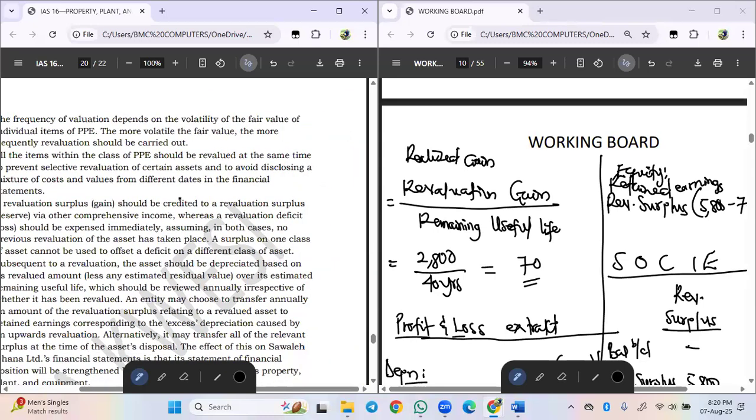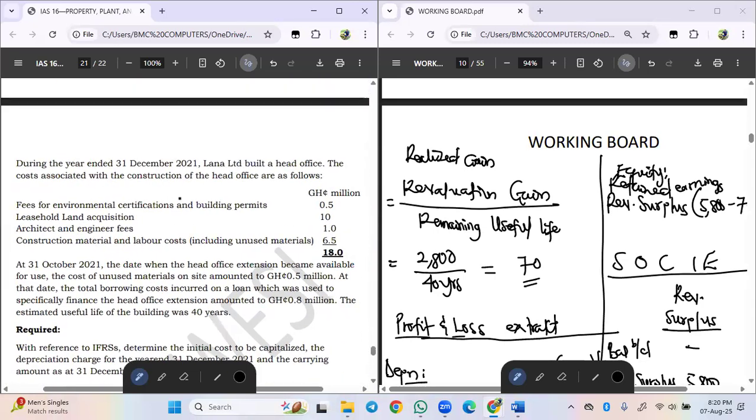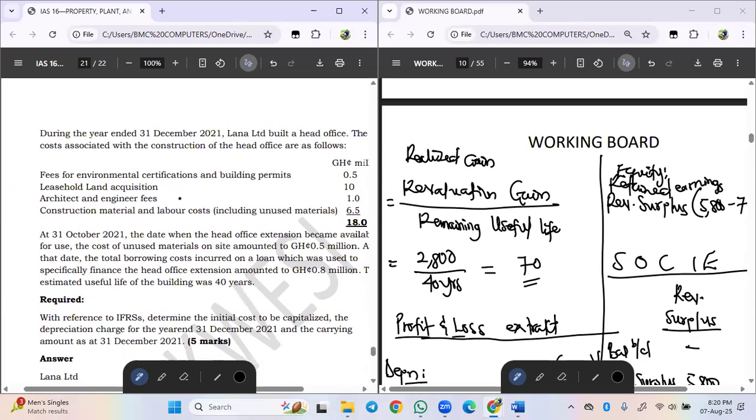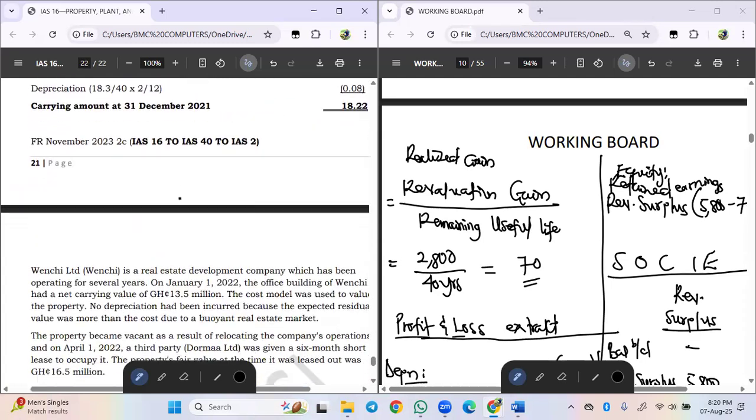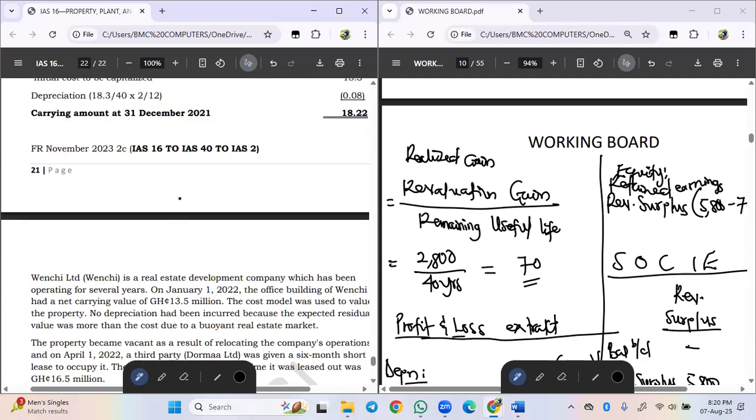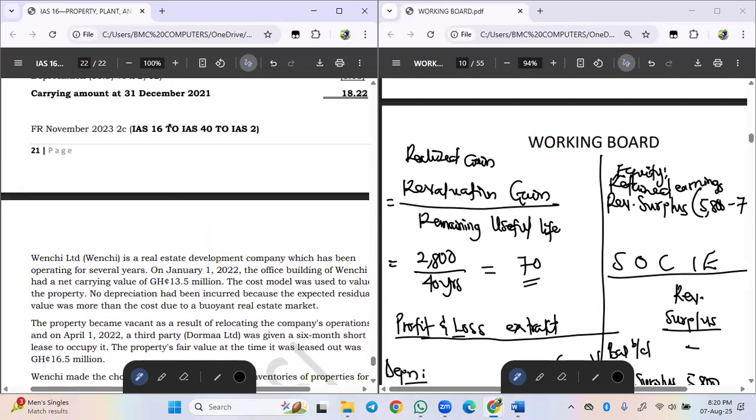Please, do you have any other question? There are past questions here. This one too is to determine the cost of an asset and all that. Because we've not done IAS 40 and IAS 2, I'll leave this particular question. When you get to investment property, you get some to solve. A property can be changed to investment property, or it can be changed to inventory, and you have to treat it according to the standards.